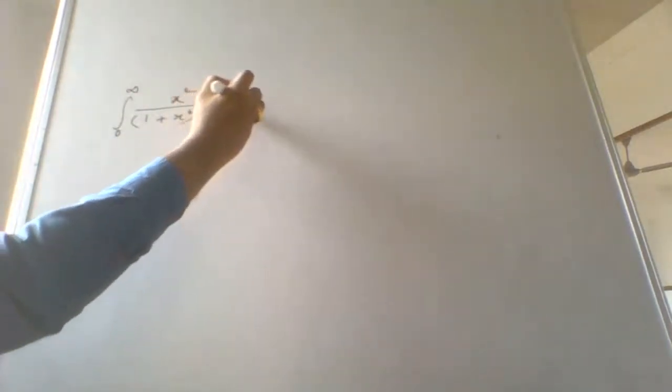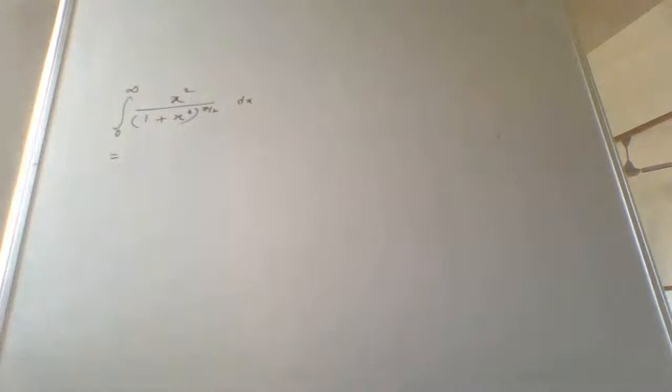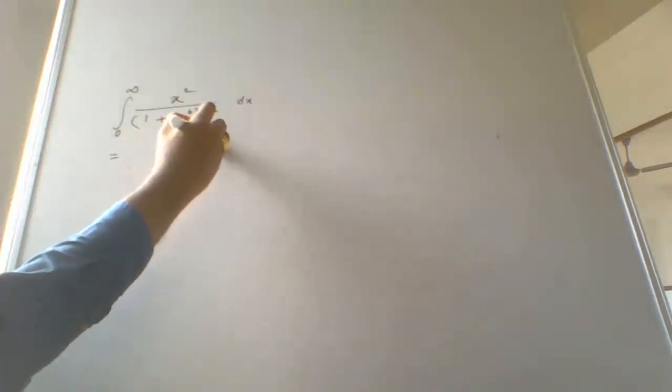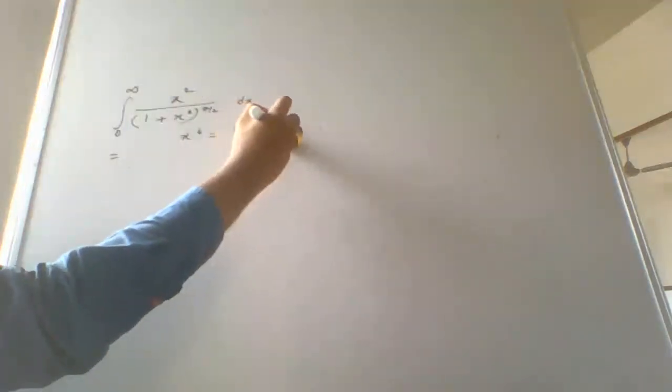Now, if I take the integral 0 to infinity x square divided by 1 plus x power 6 to the power of 7 by 2 dx, let us try to solve this. Now, let us put x power 6 as some tan square theta.